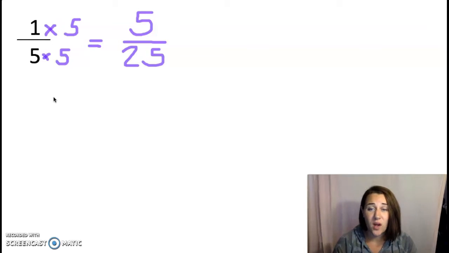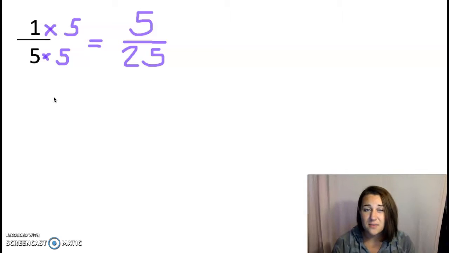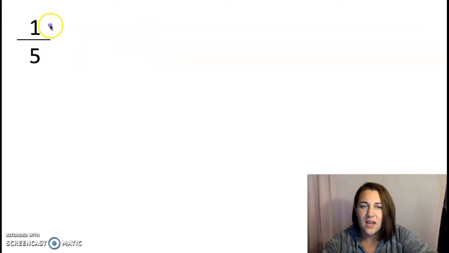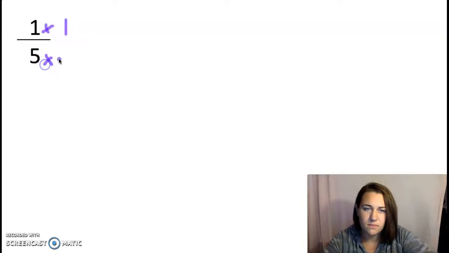Now, we can't use 1 because then we're going to get the same number. Watch, I'll show you right now. If I were to use 1, I said 1 times 1, and then I did 5 times 1. Because whatever I do to my numerator, I have to do to my denominator.